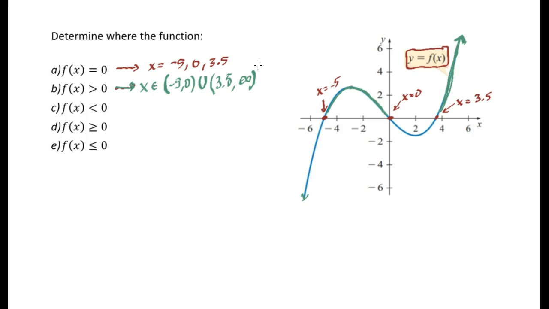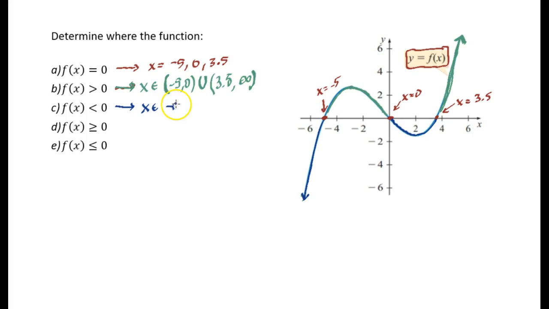Okay, and then we'll use a dark blue color, and we're going to look at f of x is less than 0. And less than 0, we'll see, is where it's below the x-axis. The output is below 0. And we'll get this part of the graph. So x is in, and notice that we want to go from left to right.